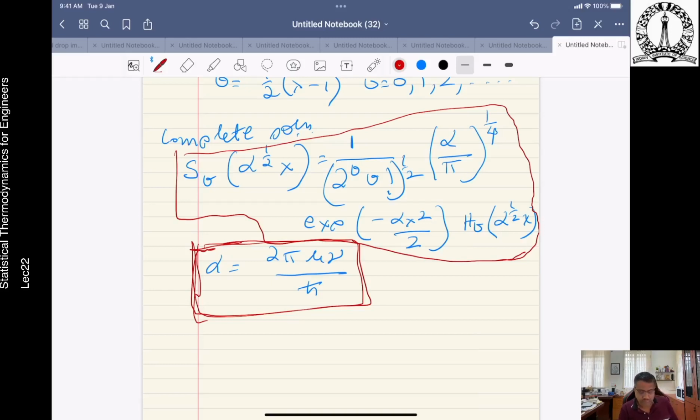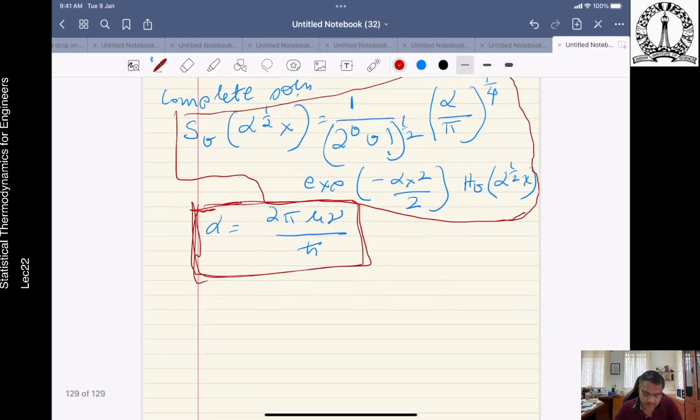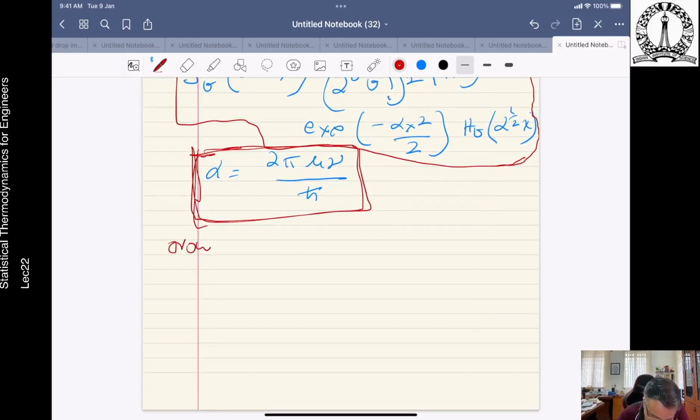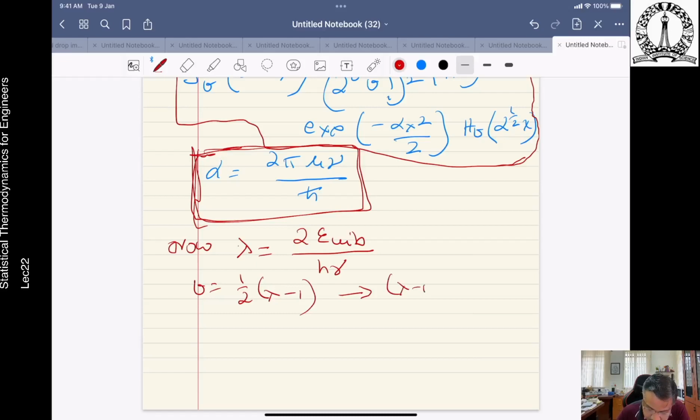You get the point now. Your lambda is 2 E vibrational level divided by h nu. So v equal to half lambda minus 1, which leads to the fact that lambda minus 1 is equal to 2v, or lambda equal to 2v plus 1.